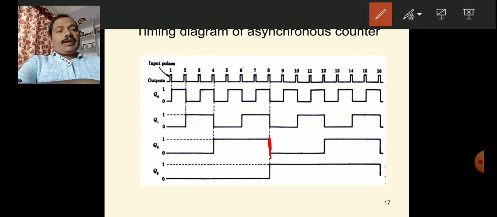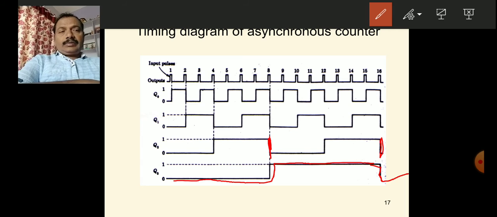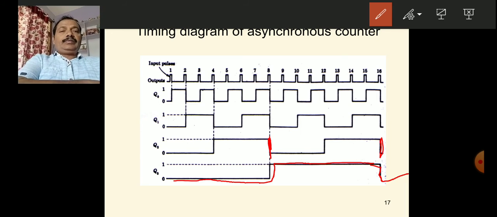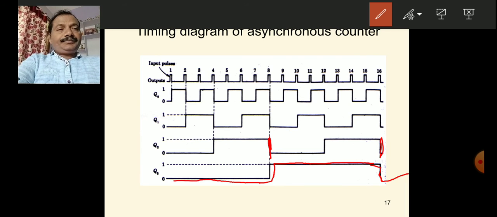This negative edge will activate the FF3 flip-flop. Hence, this 0 is complemented to 1. And the next negative edge will activate it, hence it complements 1 to 0, like this. So this is the timing diagram of this counter.